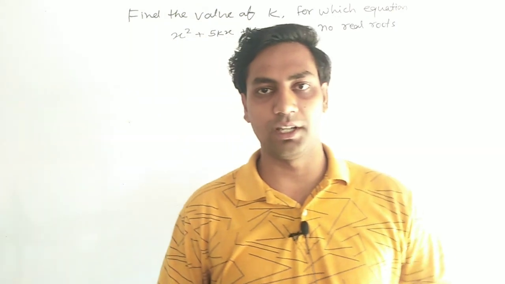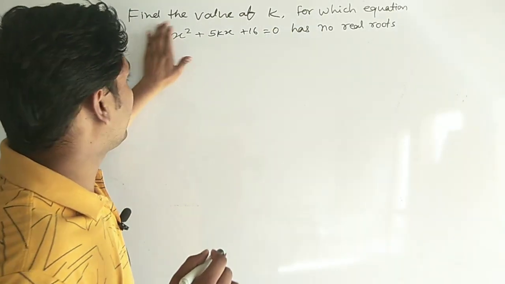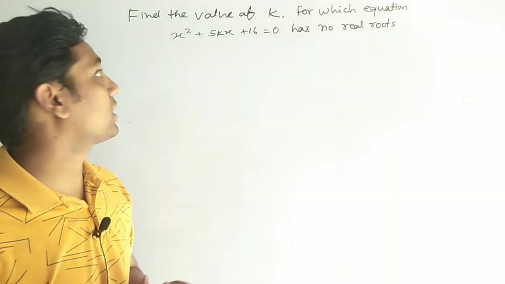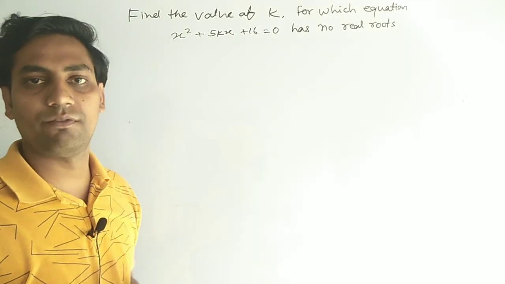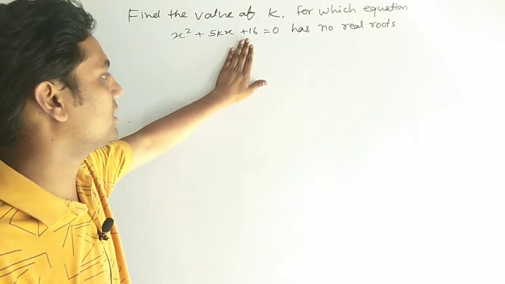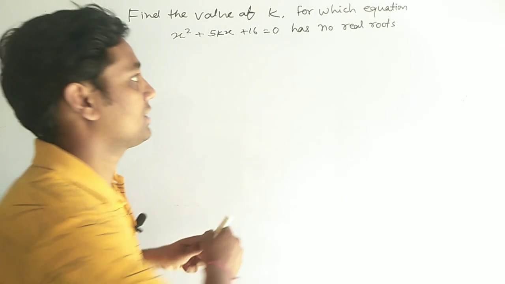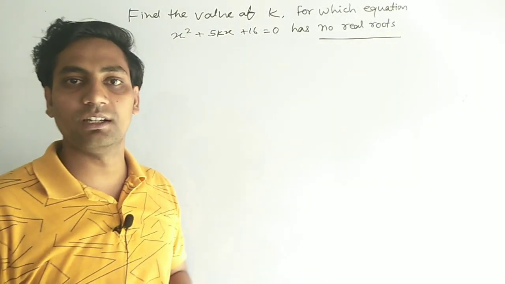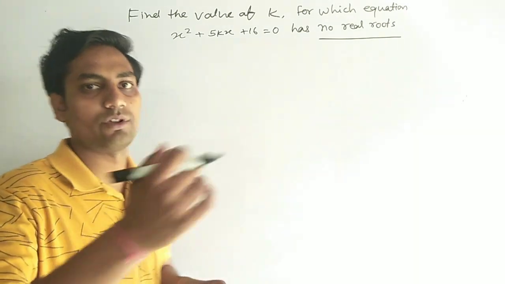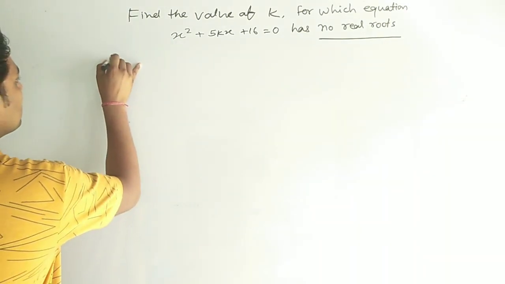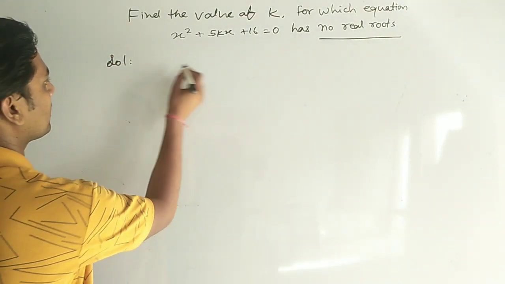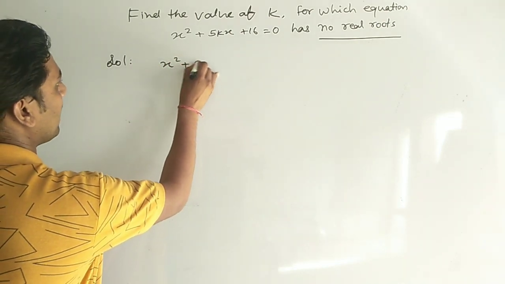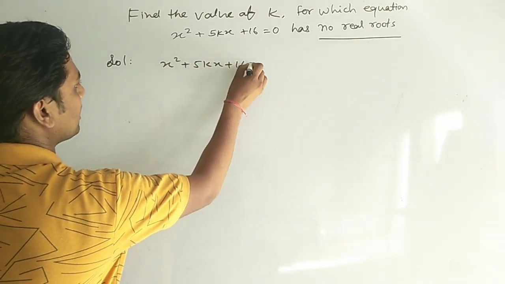Students, our third point is: find the value of k for which the equation x square plus 5kx plus 16 equal to 0 has no real root. So we have to solve x square plus 5kx plus 16 equal to 0.